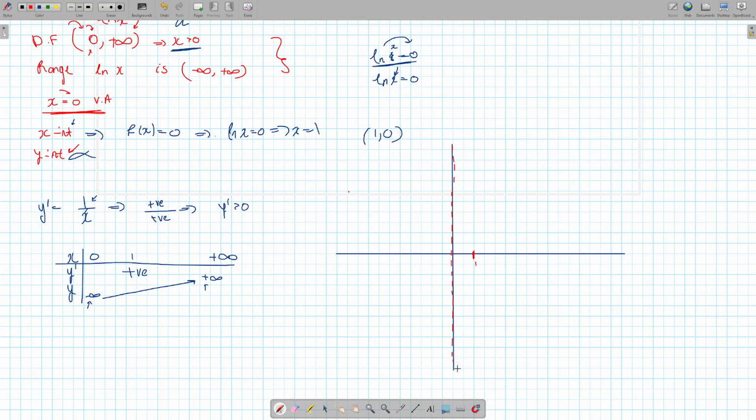And we know that as x approaches 0, it's at negative infinity, and it increases to positive infinity. Let me go a bit slower. Okay, it continues like this. This is the graph of ln x.